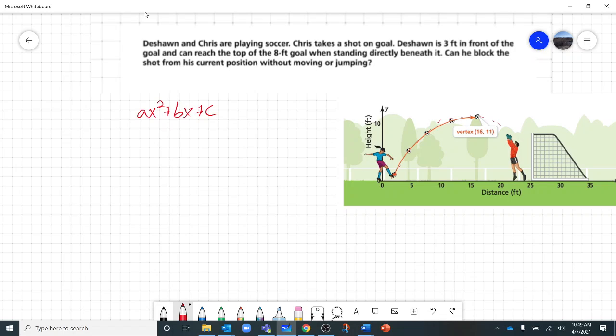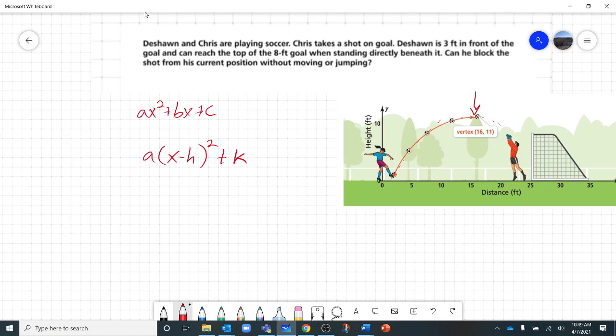For this particular one, it's actually going to be easier to have something in the form of a times (x minus h) squared plus k. Okay, and this is our vertex form. And the reason I say that is because we have the vertex right here.